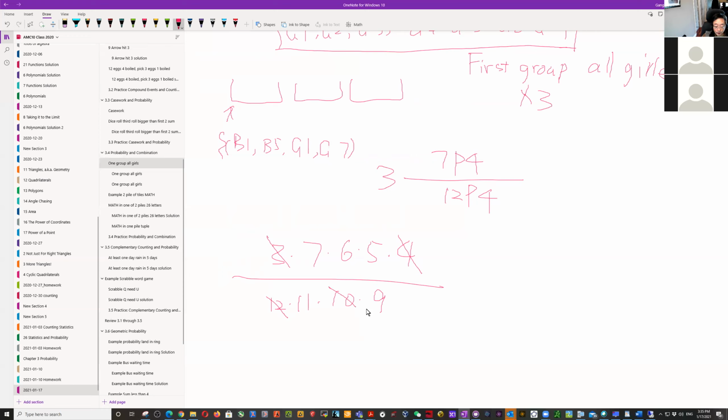We cancel this too, and we also cancel 2 with a 3, cancel 3 with a 3. So basically, everything got canceled out except 7. And on the bottom, 3 multiply 11 is 33. So 7 out of 33. So this is, we are counting the tuples.